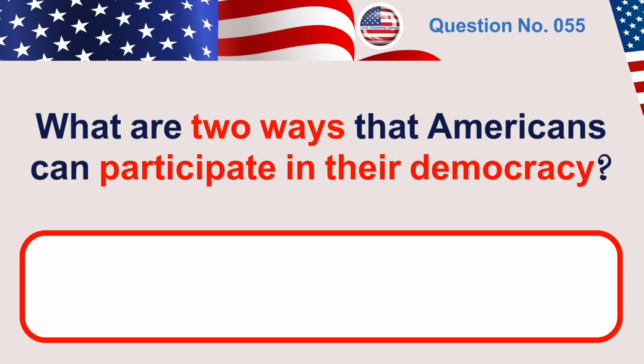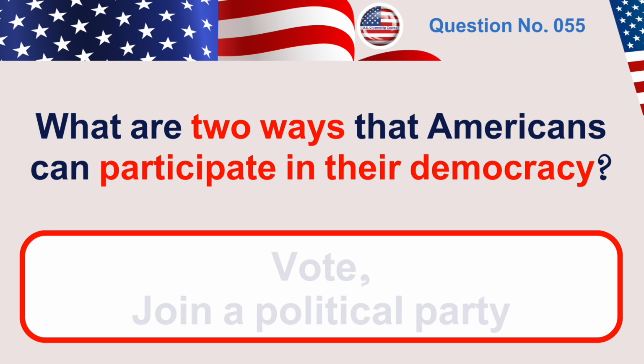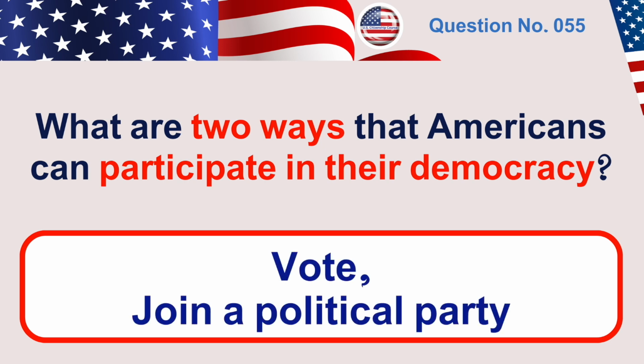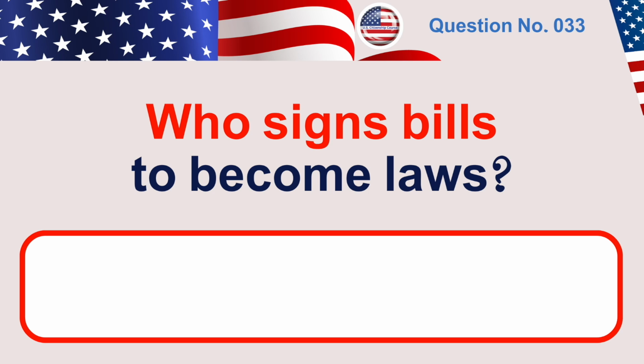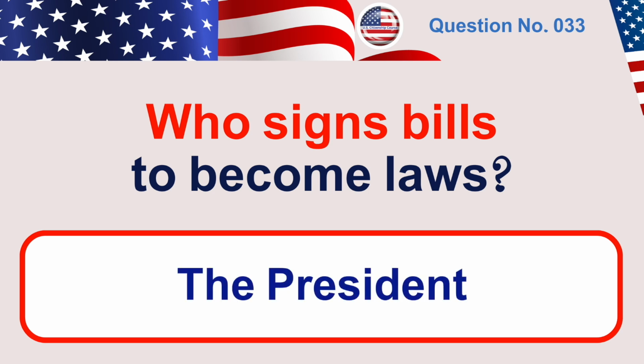What are 2 ways that Americans can participate in their democracy? Vote. Join a political party. Who signs bills to become laws? The President.